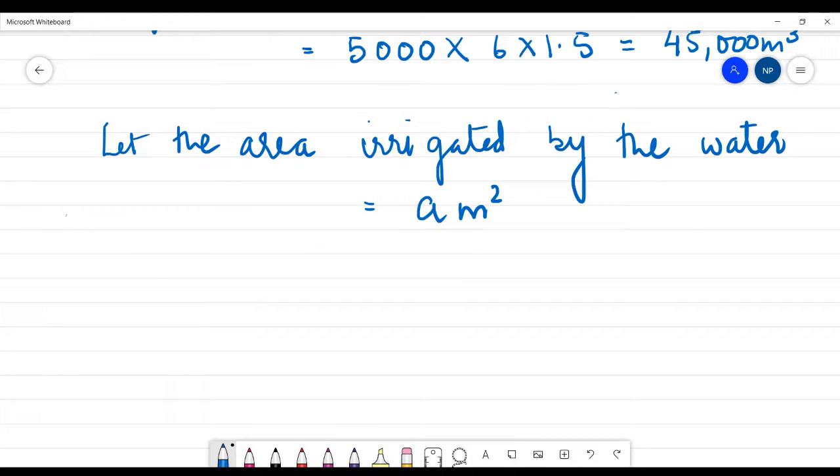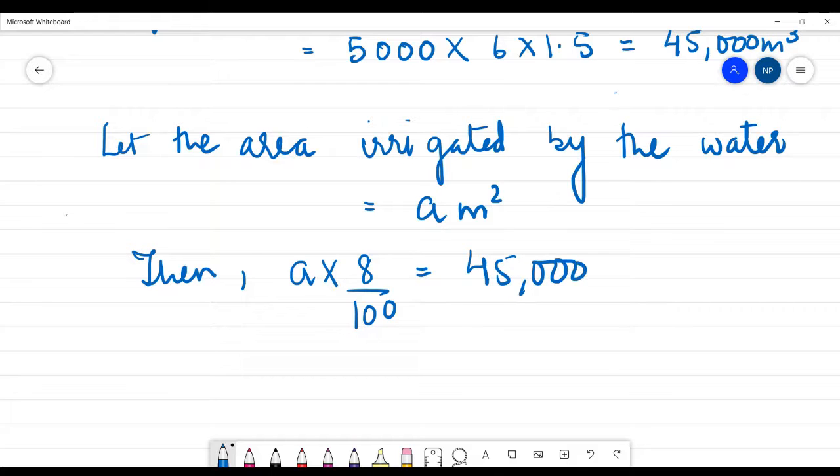All right. Now this has to be, if 8 centimeter of standing water is needed, right? So we will write over here A into 8 upon 100 is equal to 45,000, as it will be equal to the volume, that is the volume of water that is covered in 30 minutes.